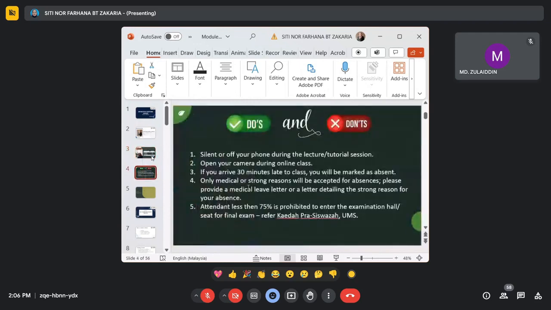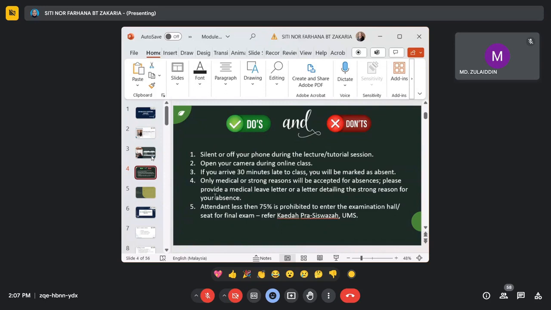This is the do's and don'ts in my class. Okay, especially I want to stress about your attendance. I only accept reasons related with medical or family things, but you must provide me with your absent letter or MC letter. Why?